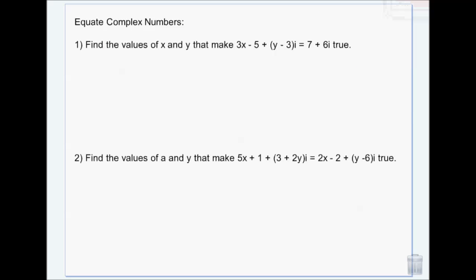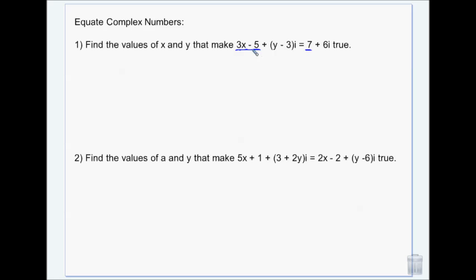Much the same way we can add complex numbers, we can use those facts to go backwards. And what I have is, I want to know what x and y will make this true. So I need to determine, okay, this is the real portion.